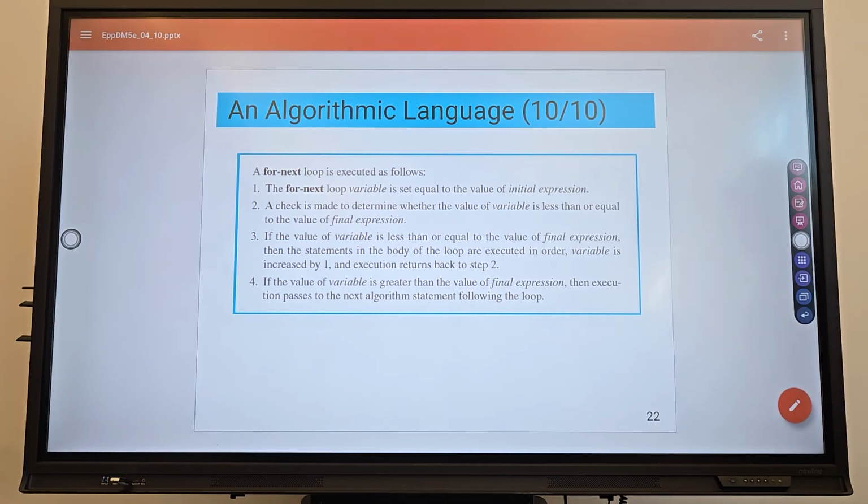The variable is increased by 1 by the next keyword, and execution returns back to step 2. If the value of the variable is greater than the value of the final expression, then execution passes to the next algorithm statement following the loop.